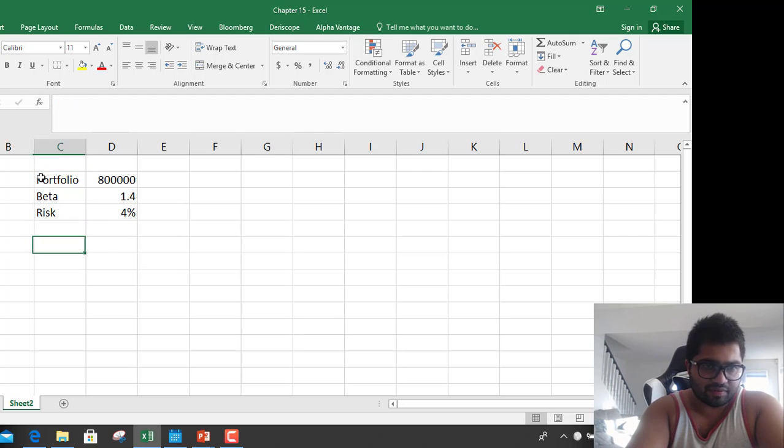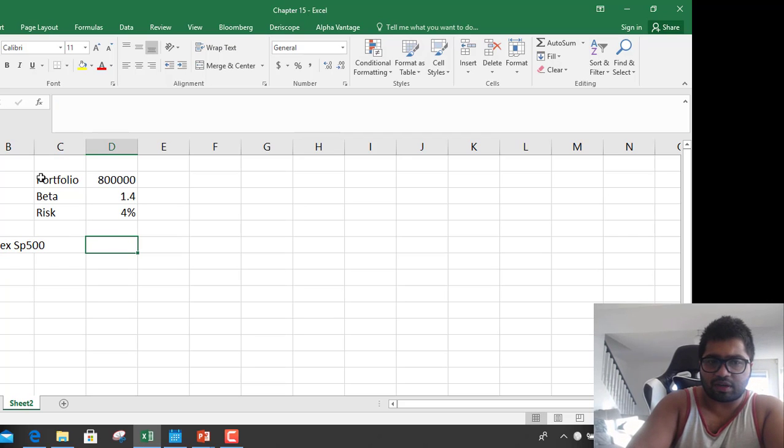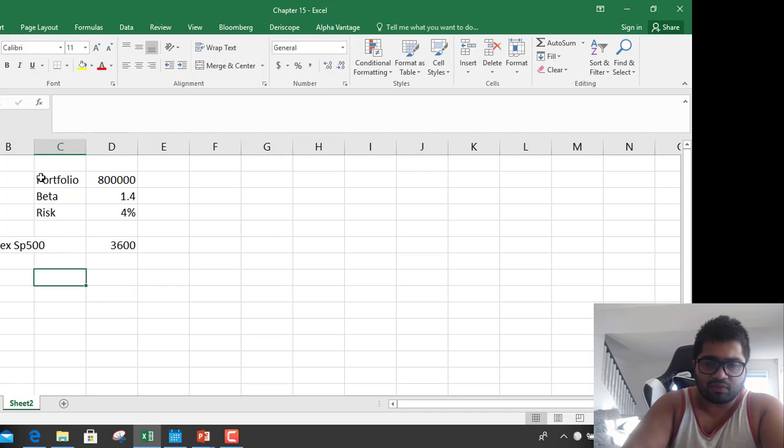Then the following things are given. You're trying to hedge it with the S&P 500, so the index is the S&P 500. The current base value is 3600. That's the price right now. You are hedging it for 4 months, and the following index values are given.